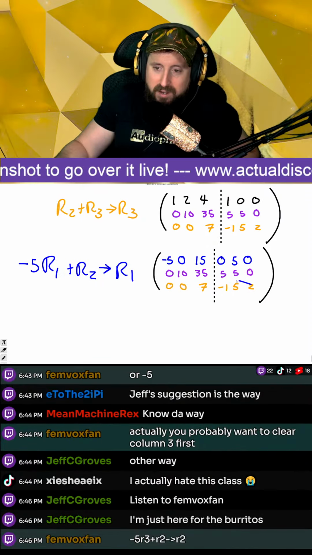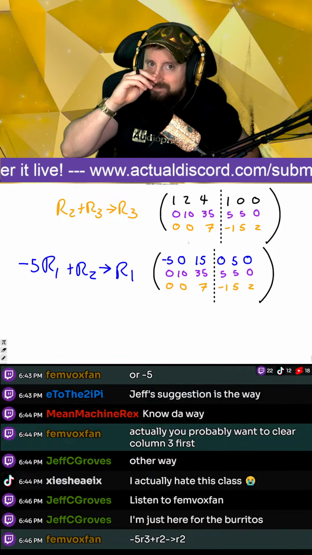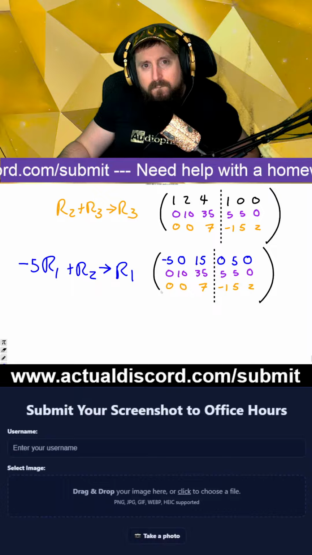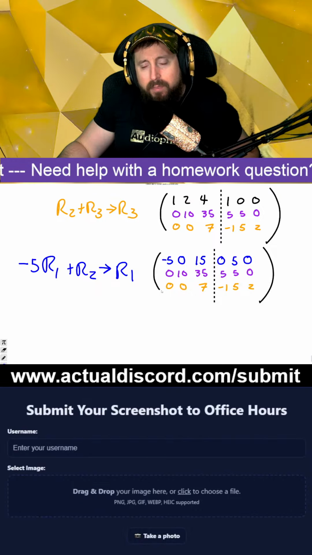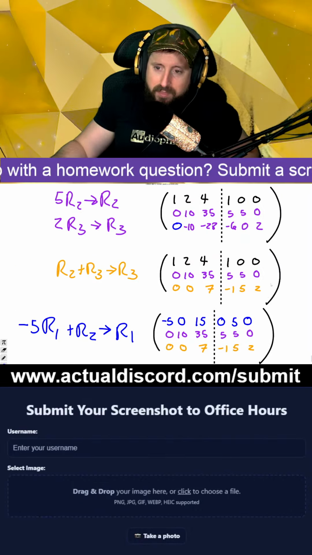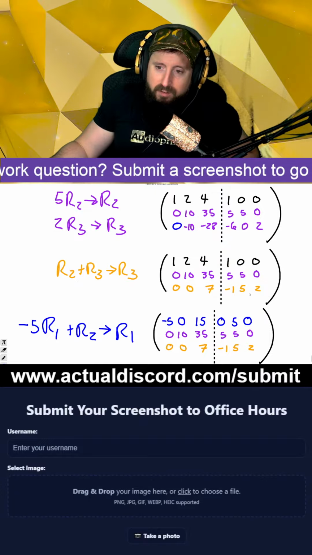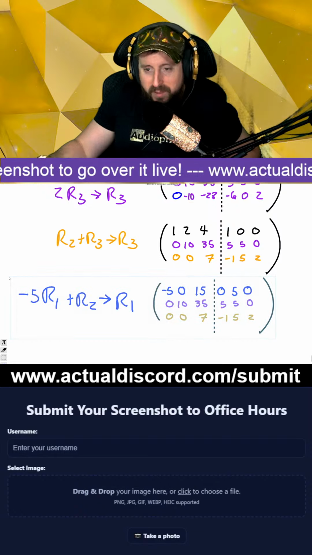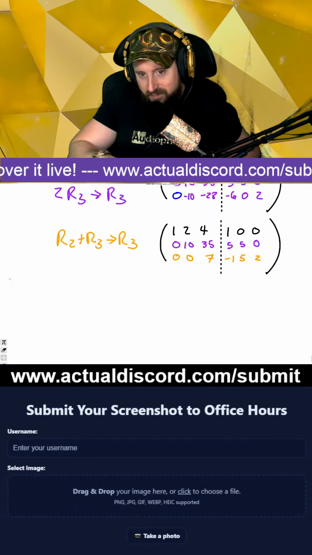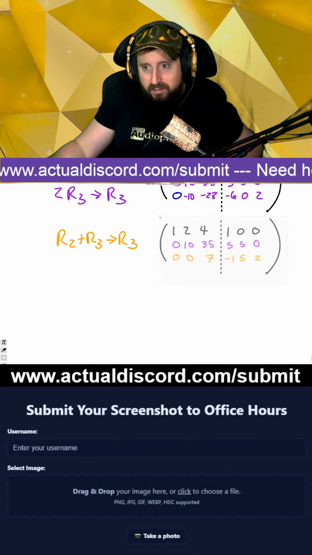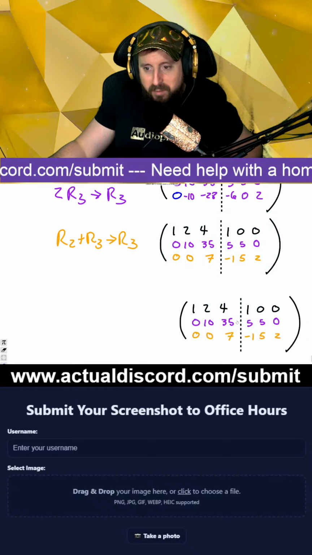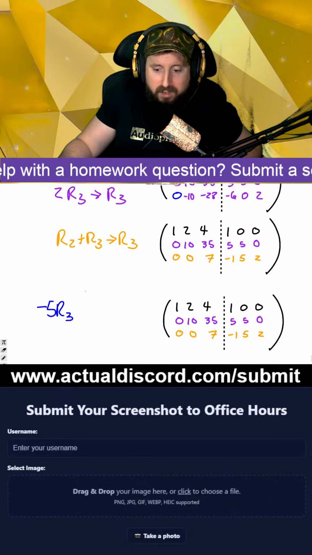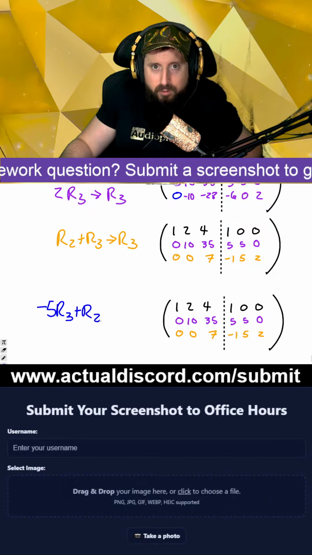Because the issue here is that now I need this to clear this. -5 R3. Oh, I see. You would have had this clear this. Yeah, I agree with that. Okay, let's roll it back. Sometimes you want to go out of the order. Okay, so -5 R3 plus R2.